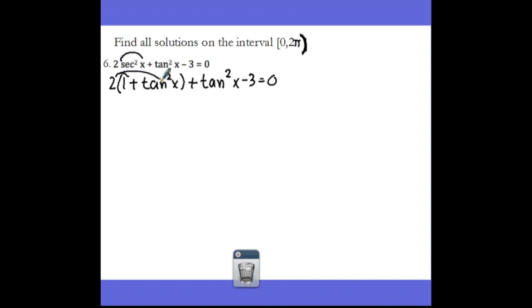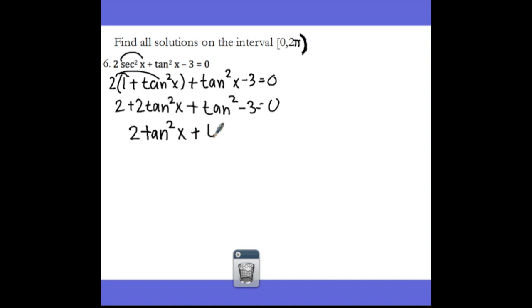Then we're going to distribute the 2, and so now we have 2 plus 2 tangent squared of x plus tangent squared of x minus 3 equals 0. So let's combine the 2 and -3, and now we're left with 2 tangent squared of x plus tangent squared minus 1.